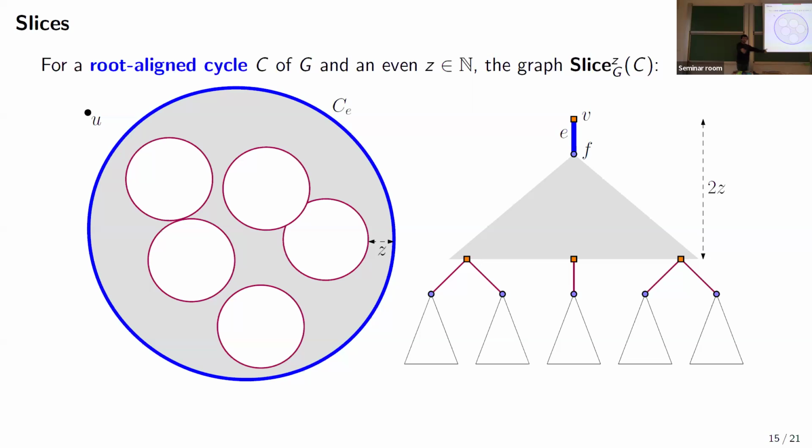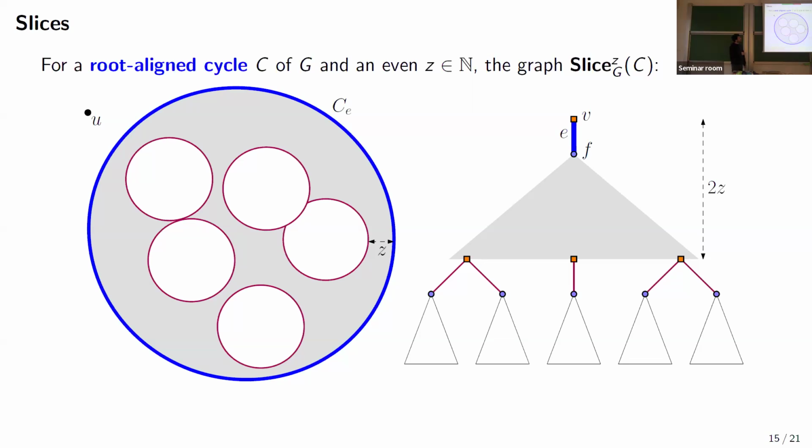Then you give me some Z, and you proceed inside the tree for 2Z layers. Here I ask this to be even, but I think it's not really necessary. So in another way, you start from this edge and you proceed for 2Z steps. You stop at these edges that are also vertex-face edges. This also corresponds to cycles.